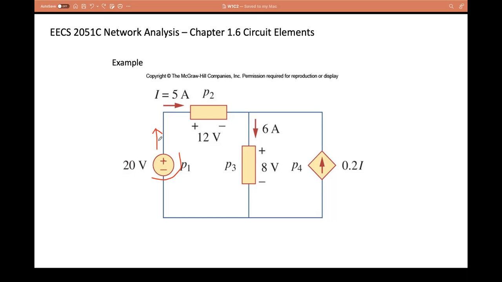Or you can think of it another way: the current is going out from the positive terminal of this element, so the current is against the voltage direction. So P1 is equal to negative 5 amps times 20 volts.